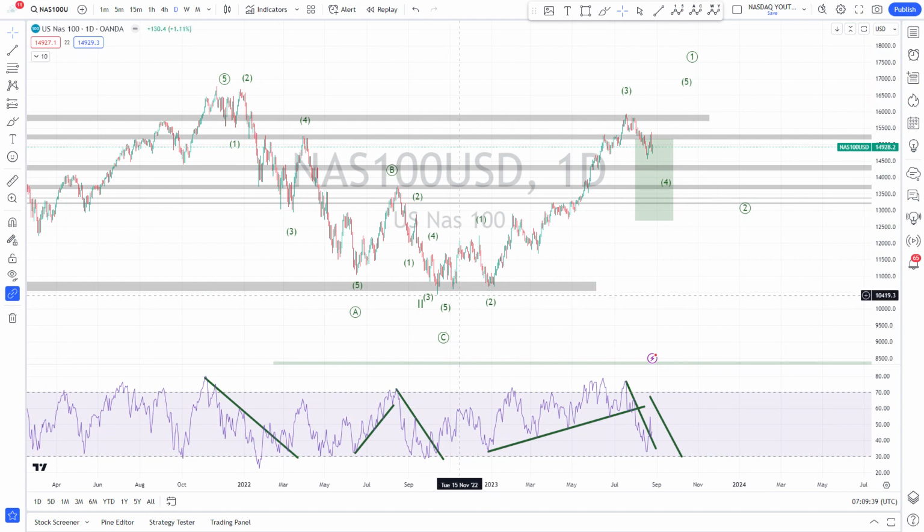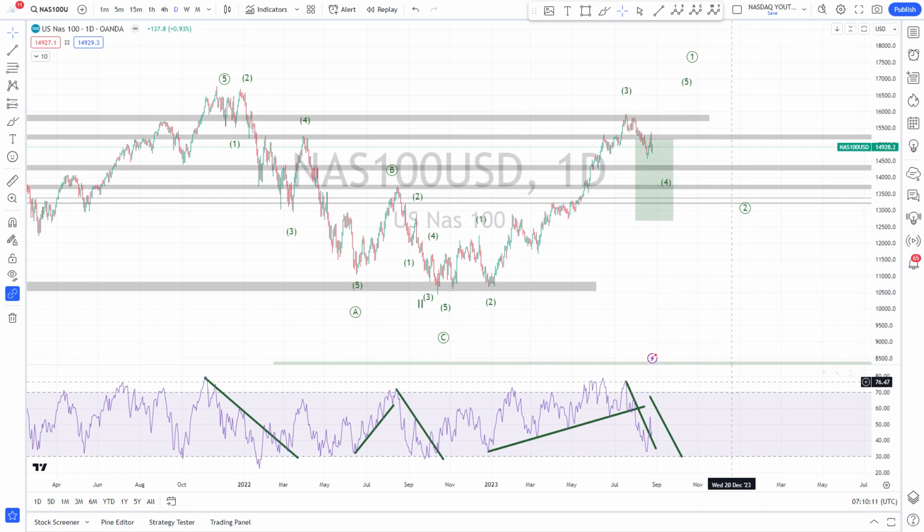So this would be kind of a textbook impulsive structure. Then we would also end here with divergence. This would be really a nice impulse, but the trap might be that our wave 5 is never coming, and that we just continue our way down here, that we do not have a wave 4, but instead this unfolds as a bearish wave C to the downside.